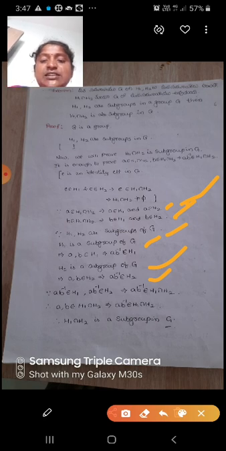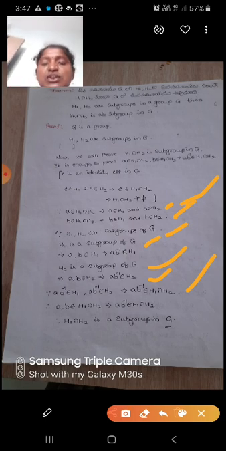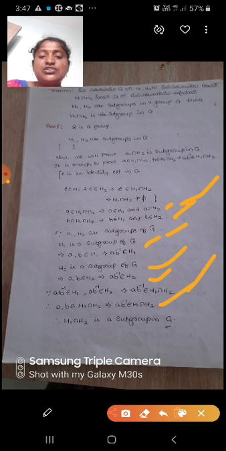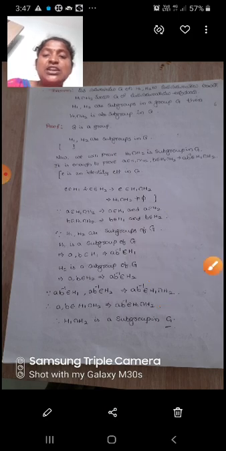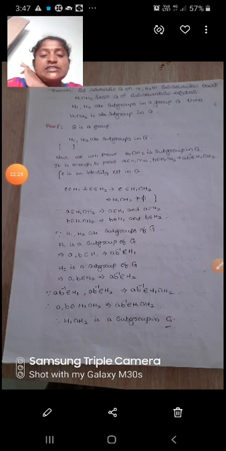So since AB inverse belongs to H1 and AB inverse belongs to H2, AB inverse belongs to H1 intersection H2. Therefore A, B belongs to H1 intersection H2 implies AB inverse belongs to H1 intersection H2. Therefore H1 intersection H2 is a subgroup of G.